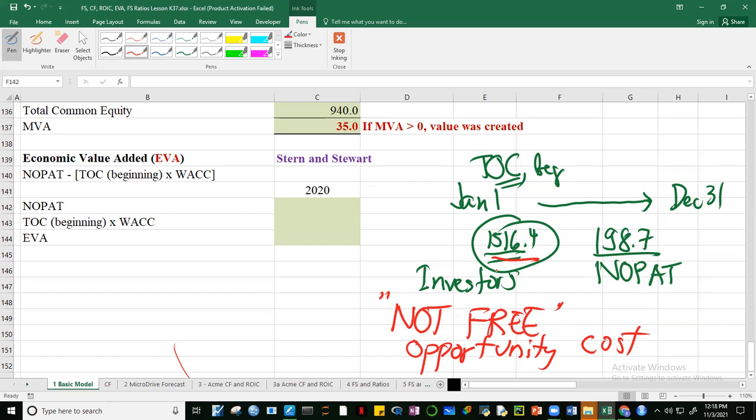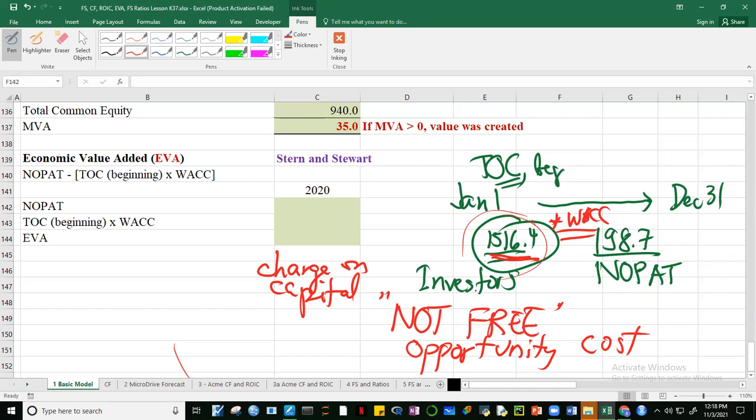So how do we now charge management for the use of this? We're going to charge management for the use of capital, so we call it charge on capital. The sensible thing to do, guys, is to multiply this with the weighted average cost of capital. In other words, parang interest siya.